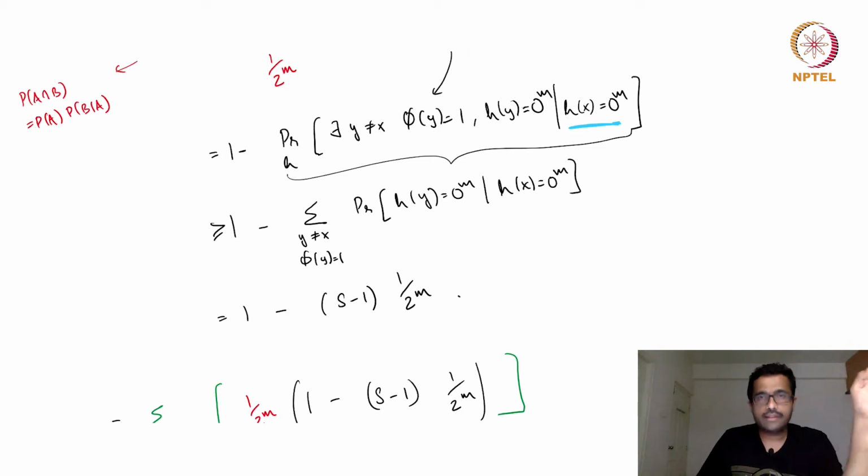It boils down to this. h is a random function, so what x is mapped to has no bearing on what y is mapped to. So this is simply the probability that h of y is all zeros, which is 1 divided by 2 power m.